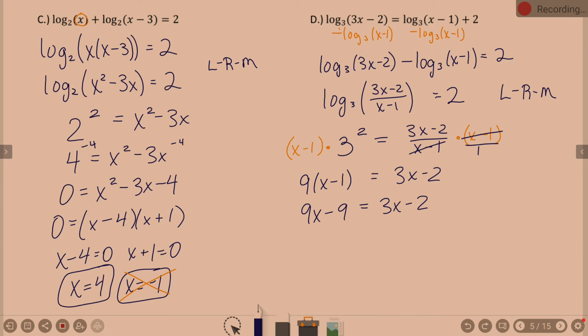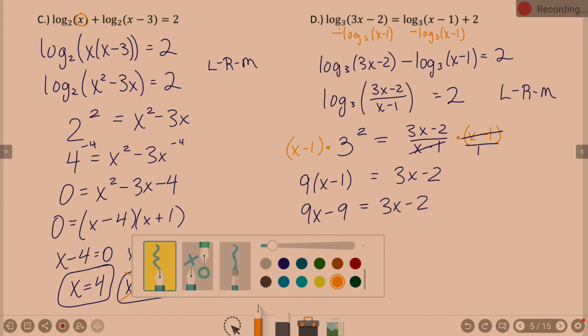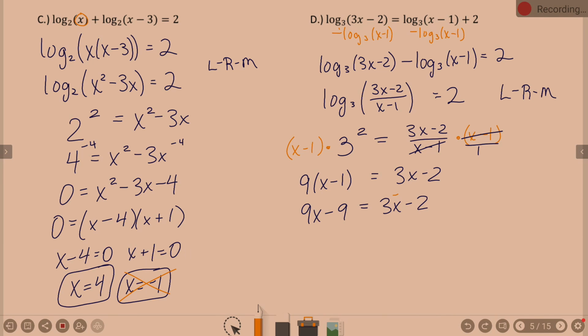And okay, this is not a make it equal to 0 scenario, is it? This is, I have x's and constants, so variables on one side, constants on the other side. So if I'm trying to get my x's to the left, I'm going to subtract 3x. If I'm trying to get my constants, my numbers to the right, I'm going to add 9.